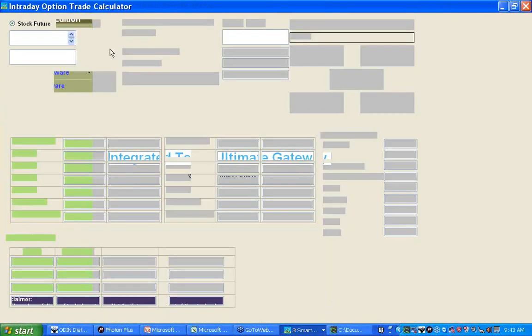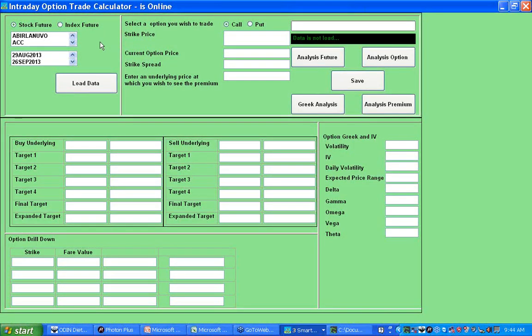How long can I wait for this level to come? Once I have taken an experiment, a maximum of 1 hour I can wait. Within 1 hour the stop should be breached, or if it is breached also, it should give me at least 1 level of target during my 1 hour of holding.